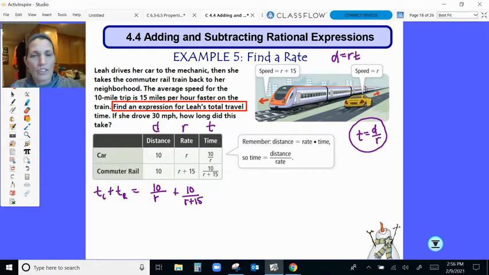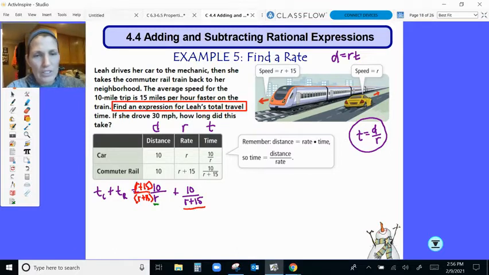Okay, now that should look familiar. We're adding rational expressions, right? In order to add, we have to have common denominators, right? So I need to multiply this other side over here by R plus 15 over R plus 15 in order to find our common denominator, okay?